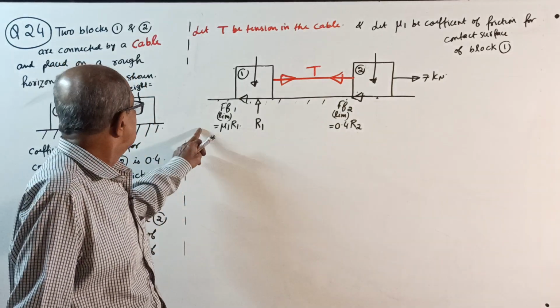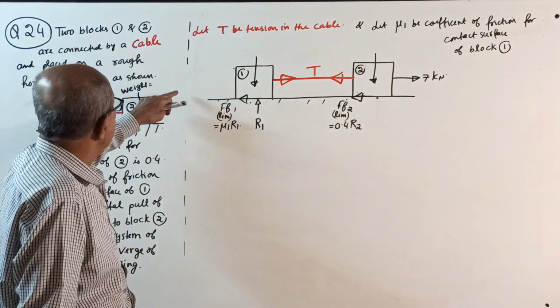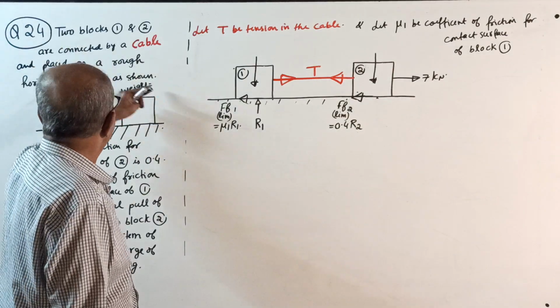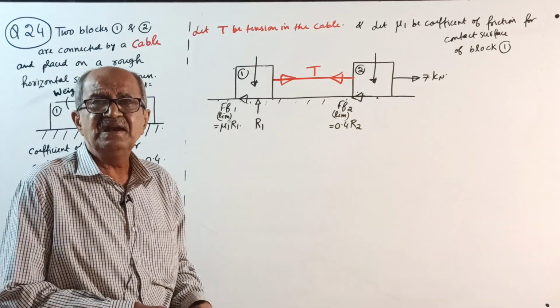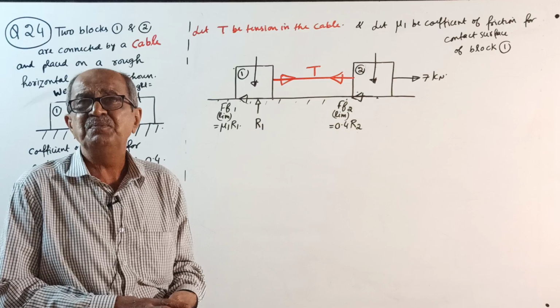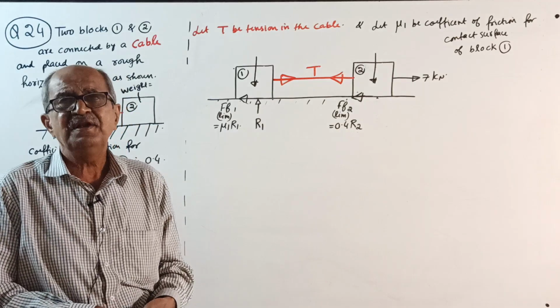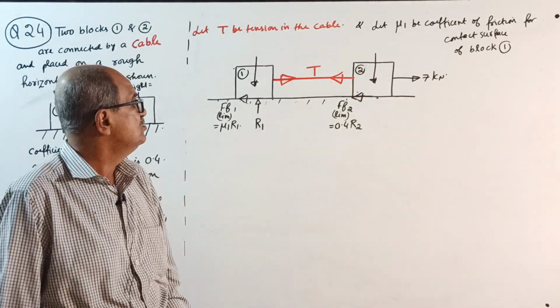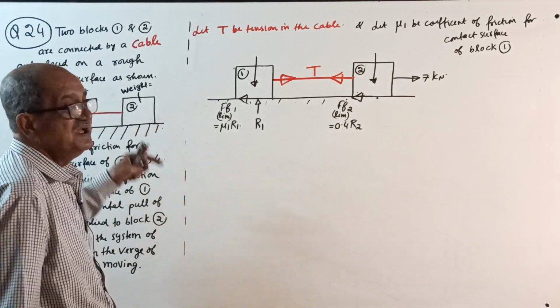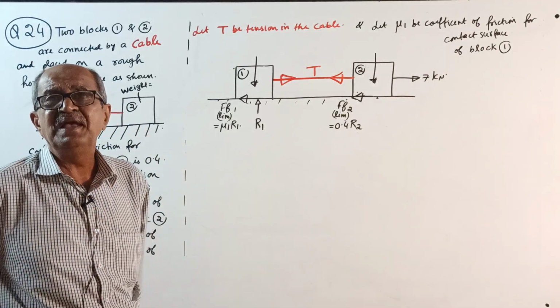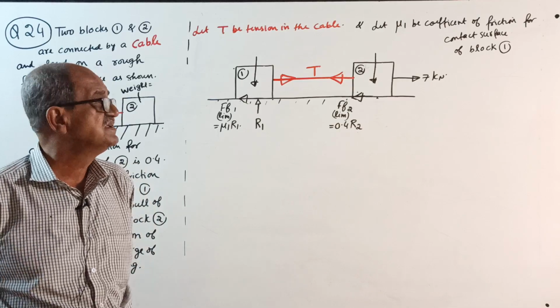The questions I am solving today, 24, 25, 26, etc., are not required from a structural engineering or structural design point of view, because nowhere do you get such questions, but they are required for academic and competitive examinations.